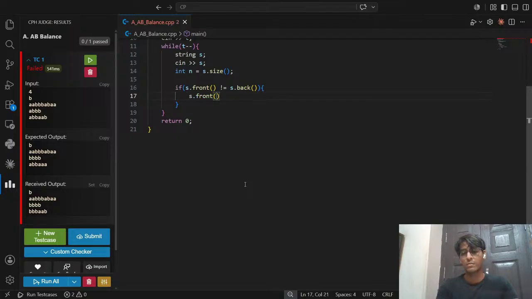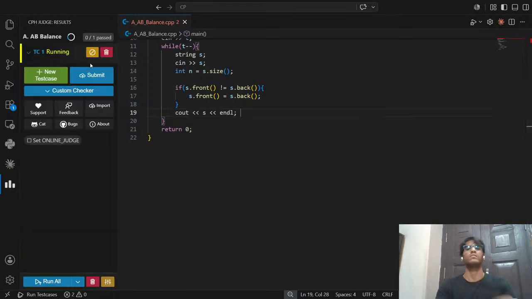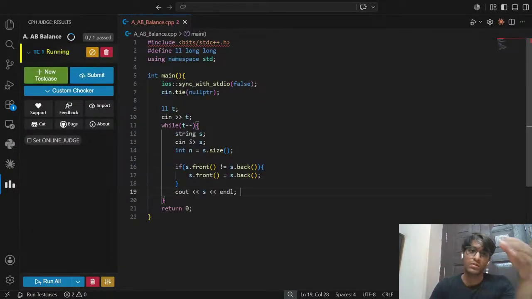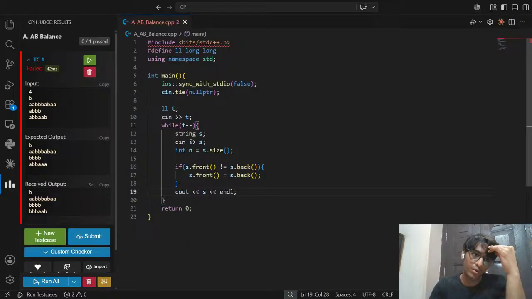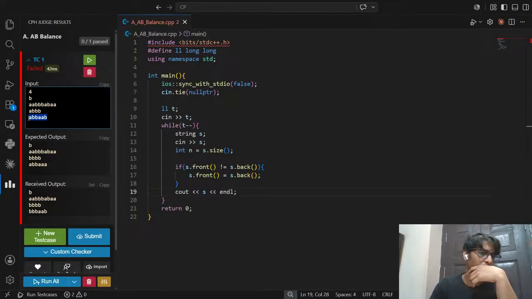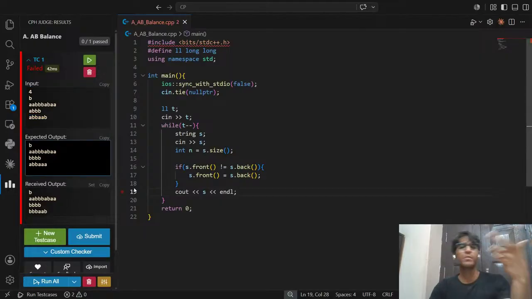It's annoying how simple a solution it had. Just this was the solution, and I was doing what not. Now, why is this not working? If AB, AB, AB, and they wanted to do last, but even this will work, right?